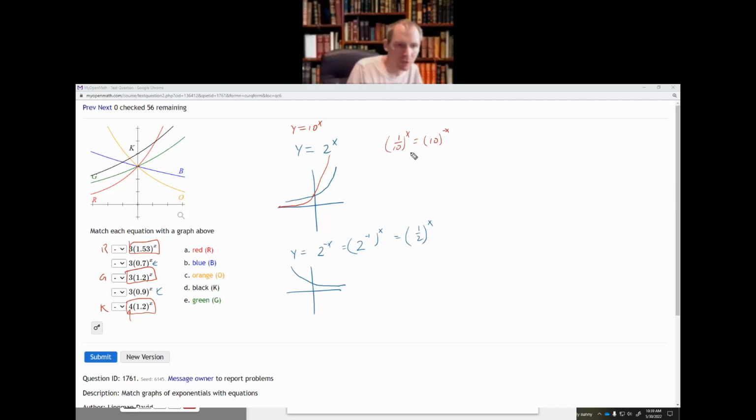So the closer to 0 it is, the steeper it's going to be. Okay. So when I look at these two, the 0.7 is the smaller number. It's closer to 0, so I'm going to get the steeper graph. So out of the ones sloping down between the orange and the blue, the orange is the steeper one. The blue is the less steep one.